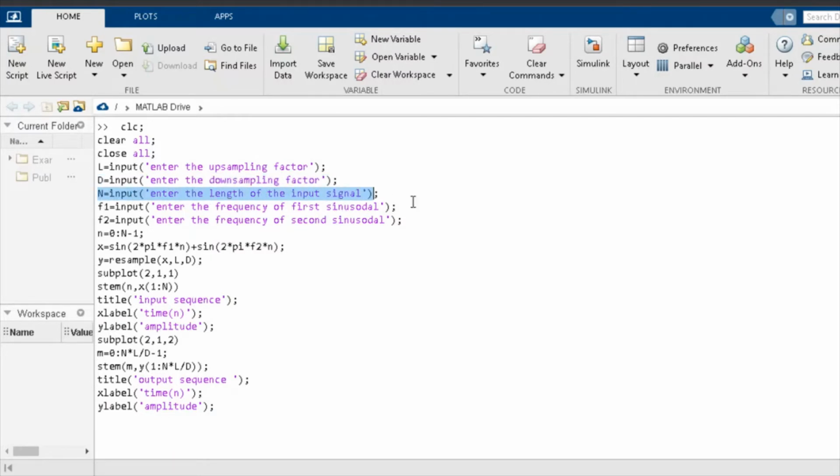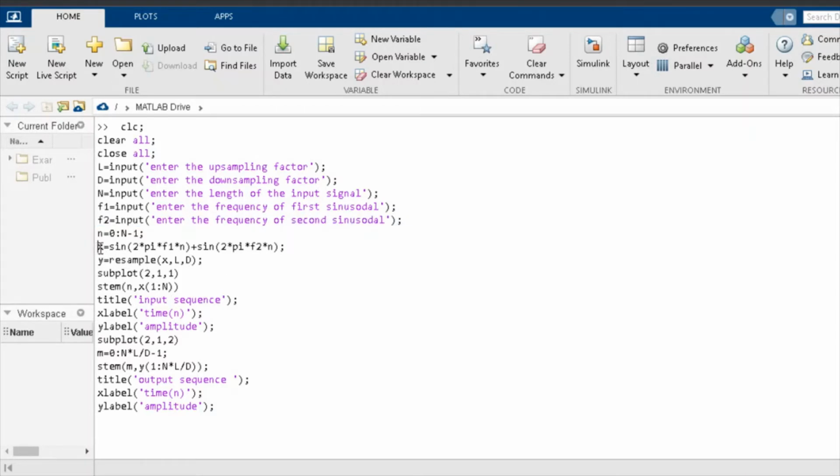For the N variable, we are going to get the length of the input signal. For F1, we are going to get the value of the frequency of the first sinusoidal. For the F2, we are going to get the frequency of the second sinusoidal.